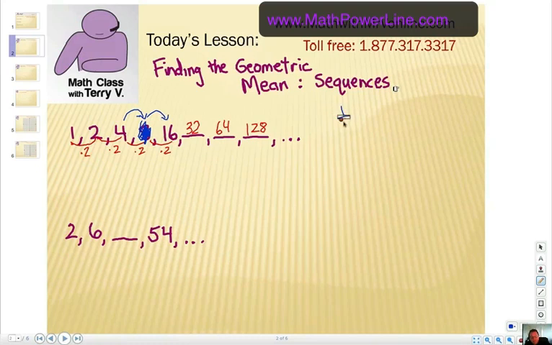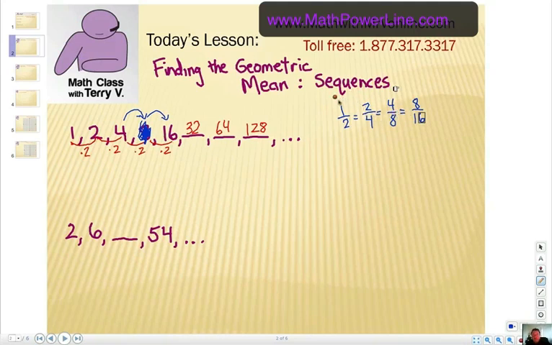Notice that the first number 1 is over the second number 2, and then the 2 is right next to the 4, and the 4 is right next to the 8. Now when you have a number sequence like this that's geometric, there's something being multiplied every time, this is what happens. We create a series of equal ratios. 1 over 2, 2 over 4, 4 over 8, 8 over 16. Those are all other names for the fraction 1/2.